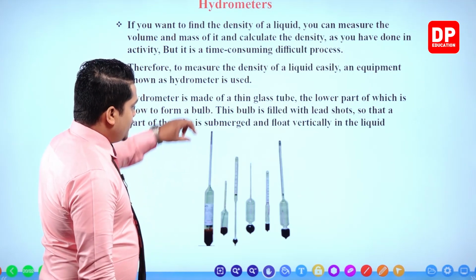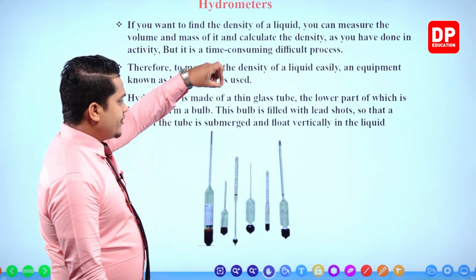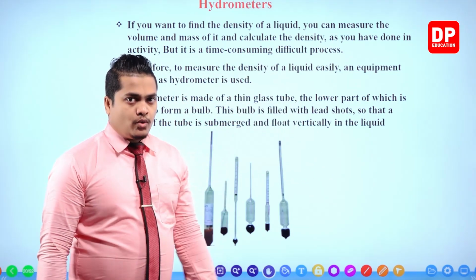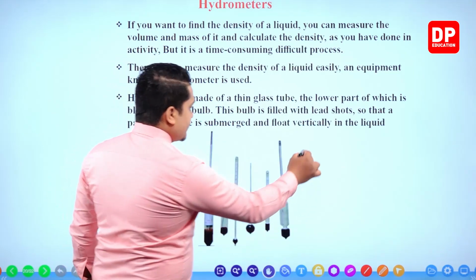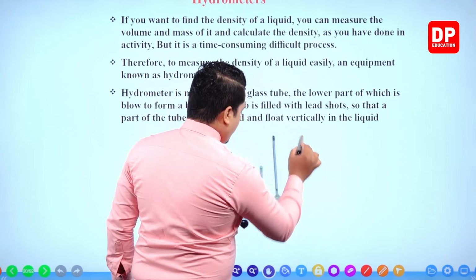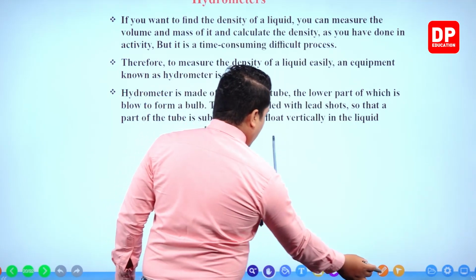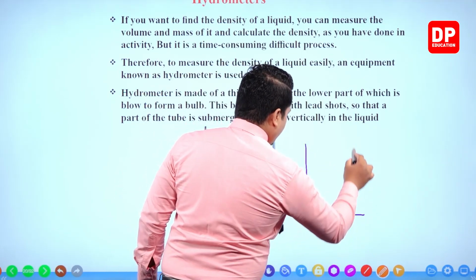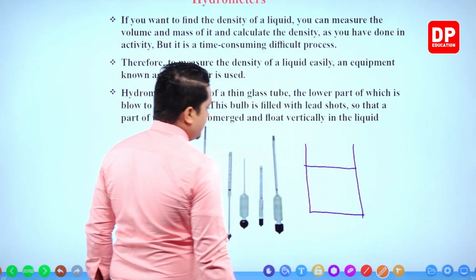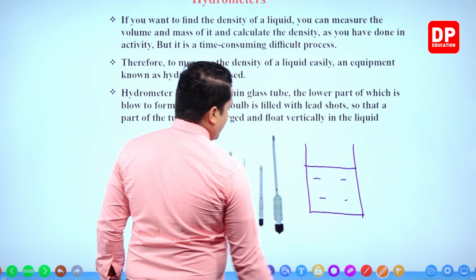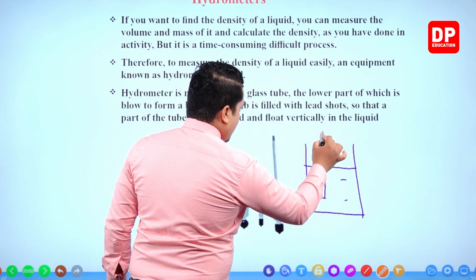So when you take this hydrometer and dip it in a liquid, what will happen? A part will float, right? If this is the liquid, then this is the hydrometer.